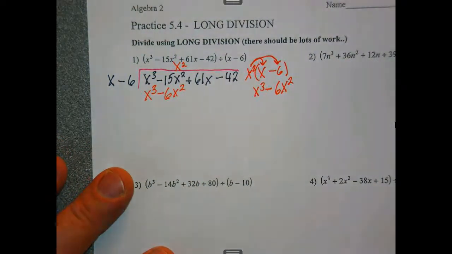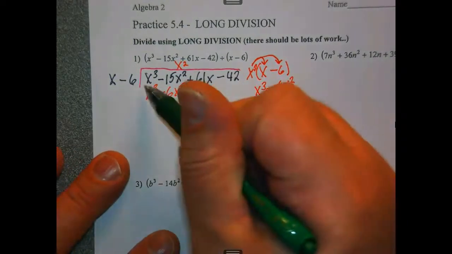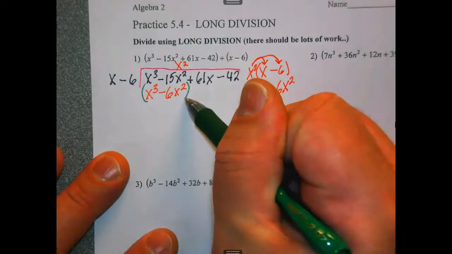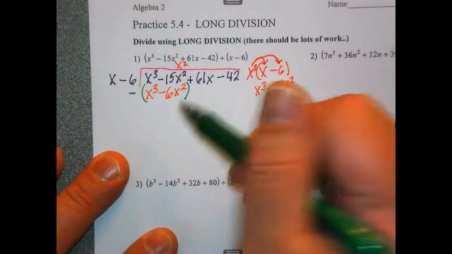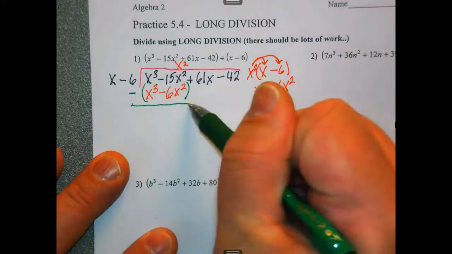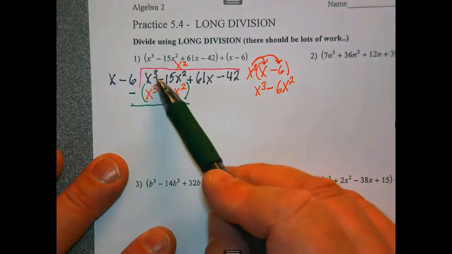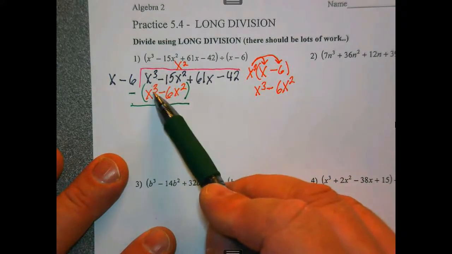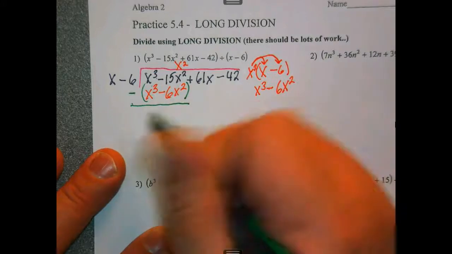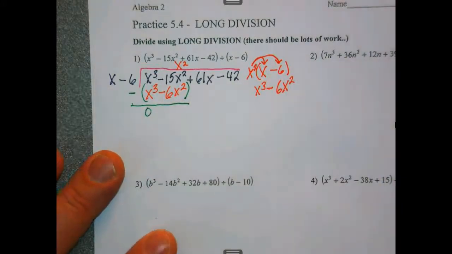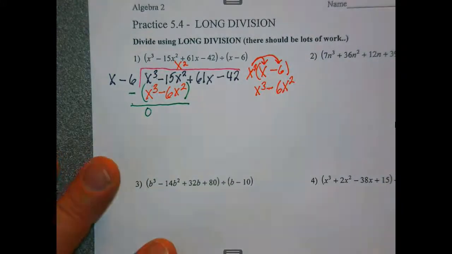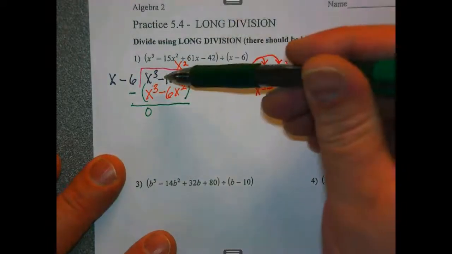Just like elementary division, we subtract, in this case, the entire quantity. So x cubed minus x cubed, and you get your 0. If you don't get a 0, you did something wrong. Okay.